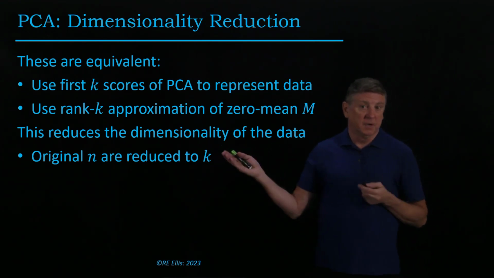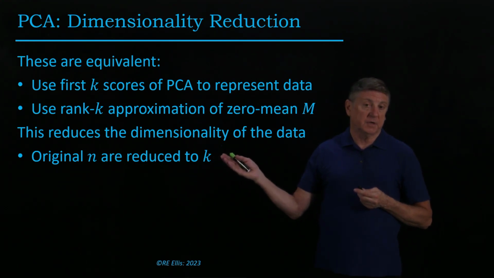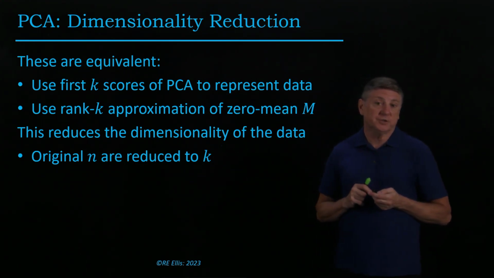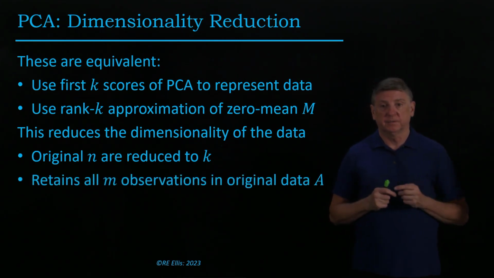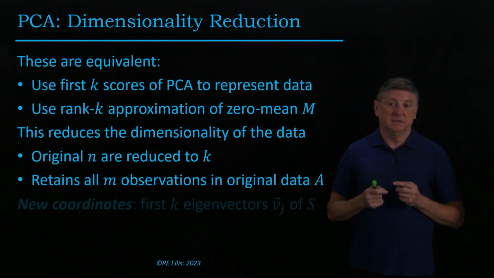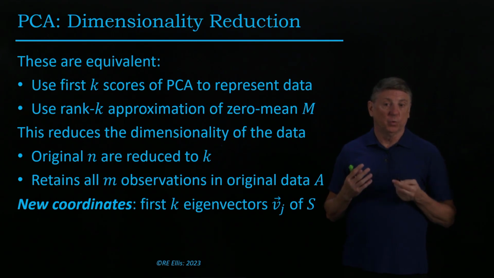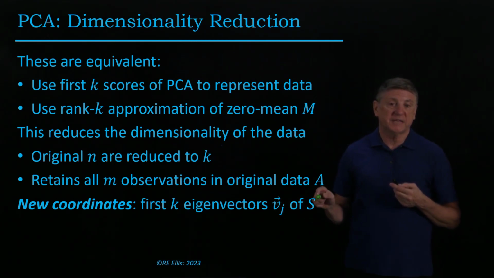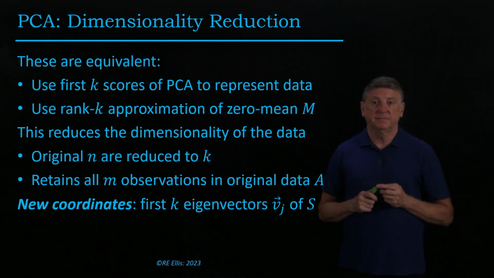So for example, you might have 20 original variables, and perhaps a scree plot suggests that only 2 are needed to adequately represent the data for your purposes. We still retain all of the observations. We're not getting rid of them, and we can think of these as new coordinates: the eigenvectors of the scatter matrix are giving us new coordinates to represent our data.